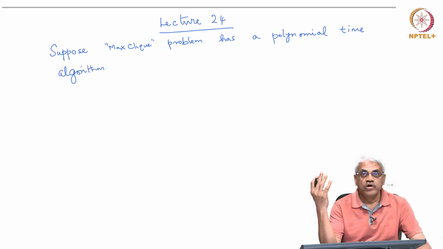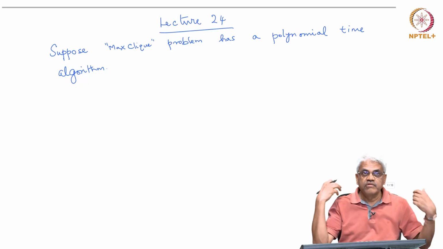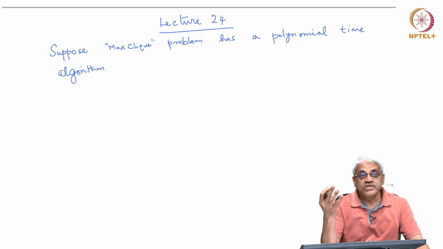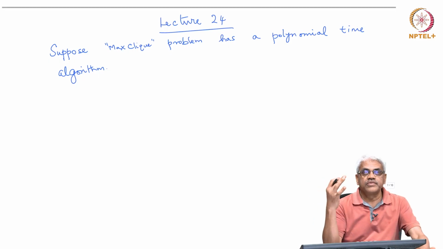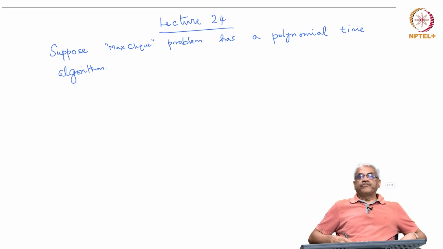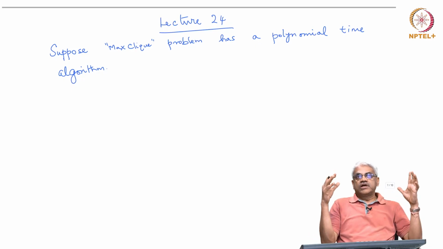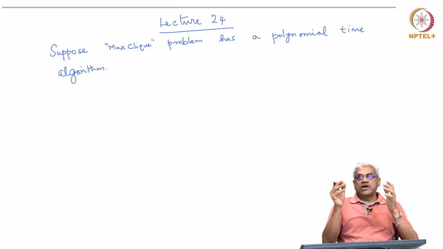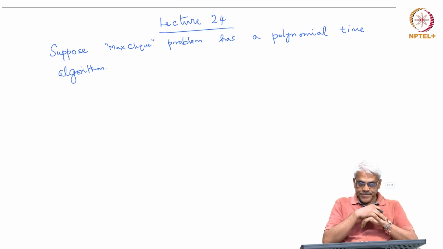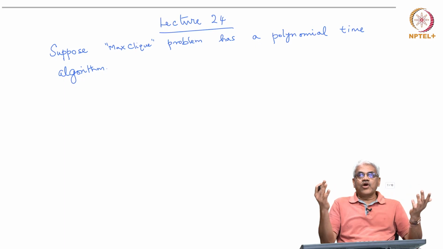We still don't know; the best known is an exponential time algorithm. But suppose somebody comes up with a polynomial time algorithm to determine, for a given graph on n vertices, the size of the maximum subset of vertices which are mutually adjacent. Then what are some consequences?